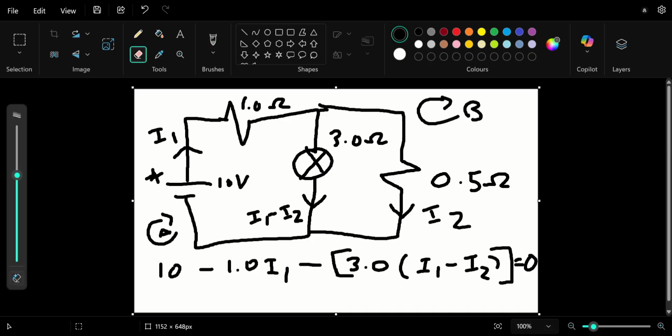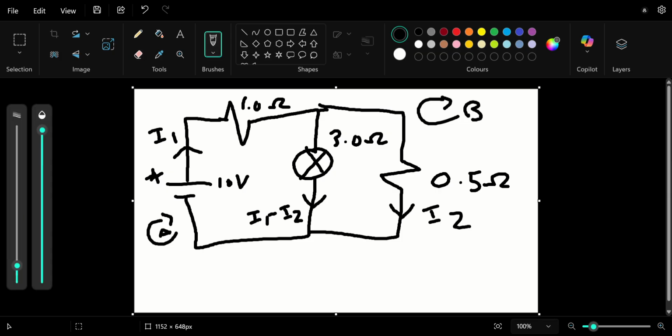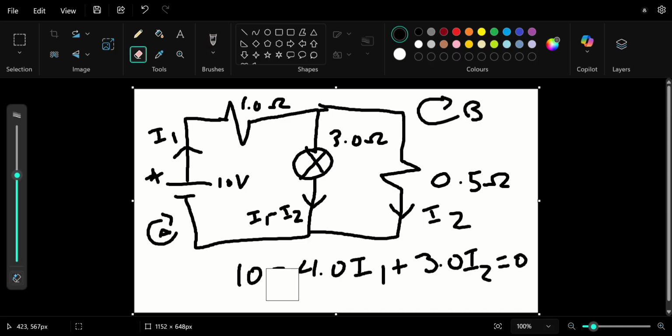Now, to simplify this equation, we can write it as this. 10 minus 4.0 I1 minus 3.0 I2 equals 0.